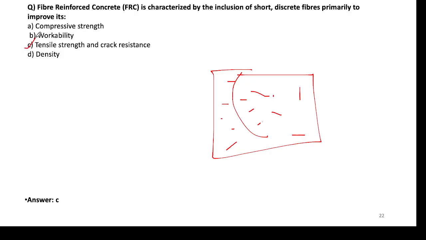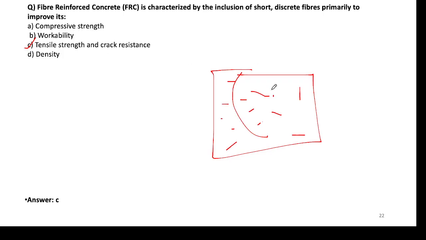FRC is characterized by including short and discrete fibers, and the fibers have high tensile strength. Basically, these are polypropylene fibers or polymer type fibers, or even steel fibers we use, and what that leads to is a bridging of a crack.